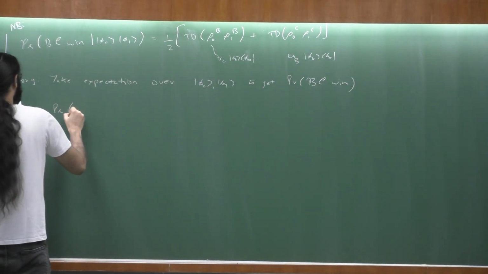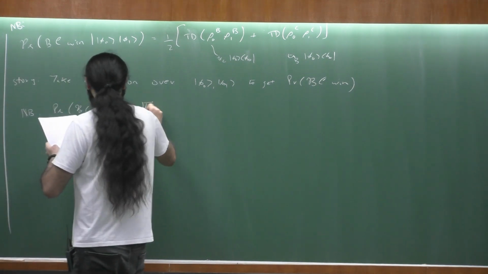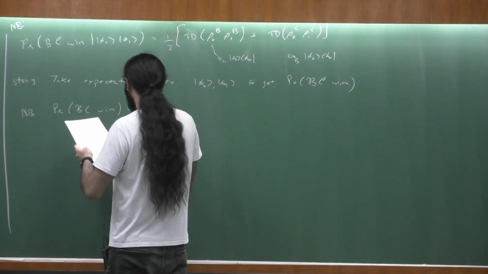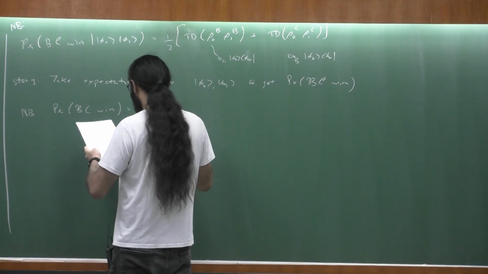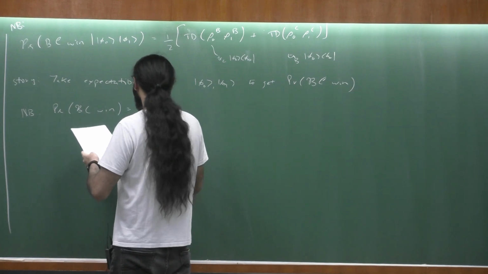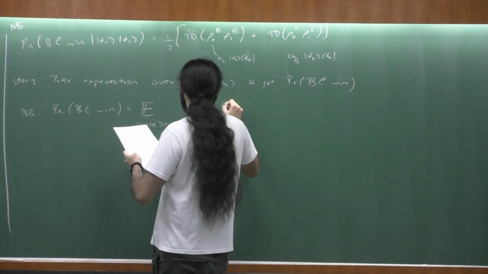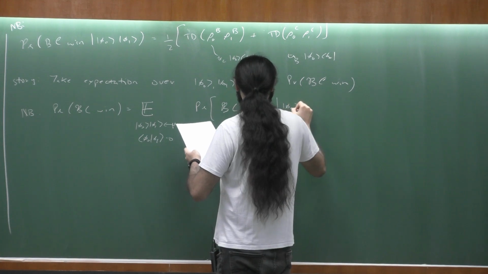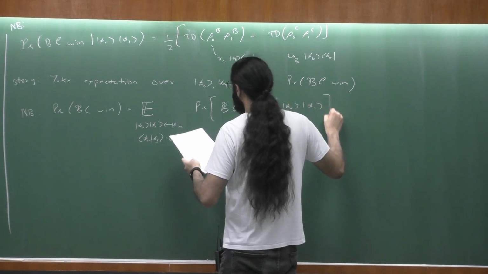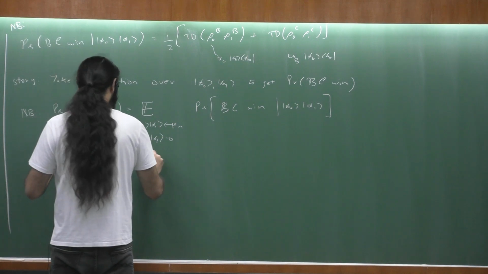So the probability that BC win is going to be the expectation over φ0, φ1 sampled from μ_N, with φ0, φ1 inner product 0, of the probability BC win given φ0, φ1, right? So far I've done nothing, it's just conditional probabilities. Okay, so now we can make the substitution.